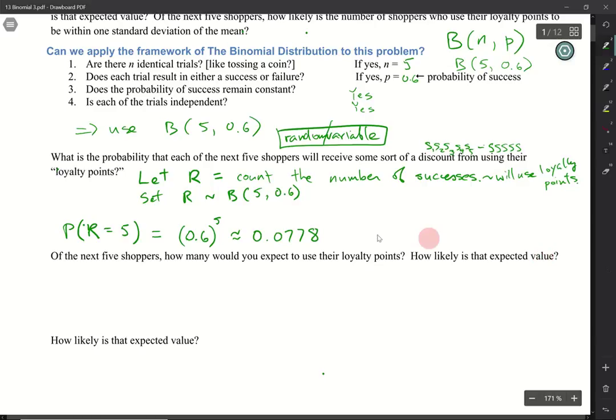That's on the right track, but we want to know how many we would expect. As soon as you see that word expect, what do you think of? Expected value, right? So we want the expected value of R.